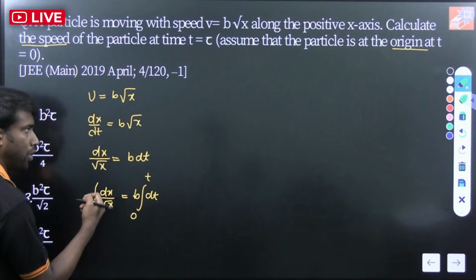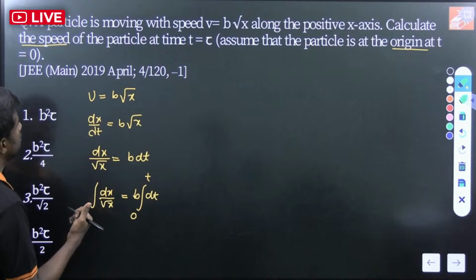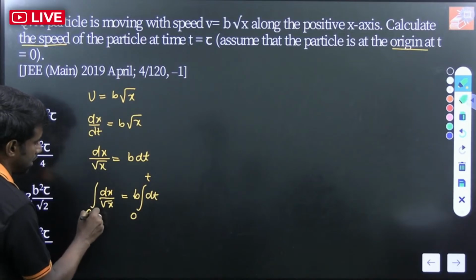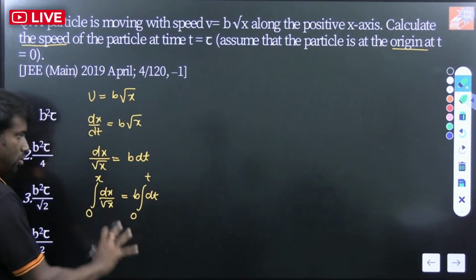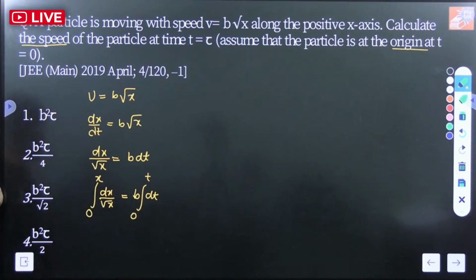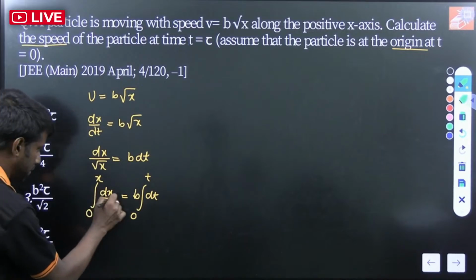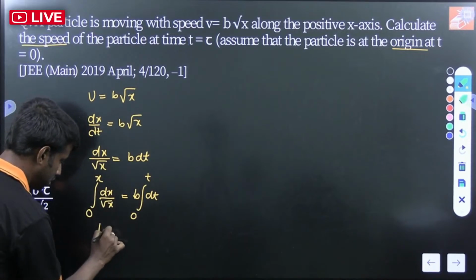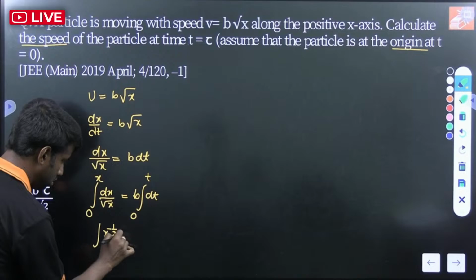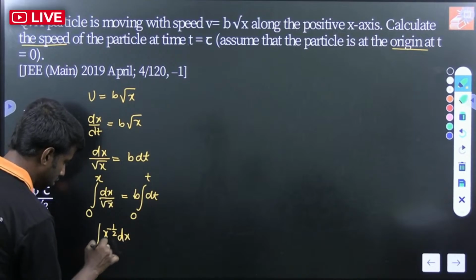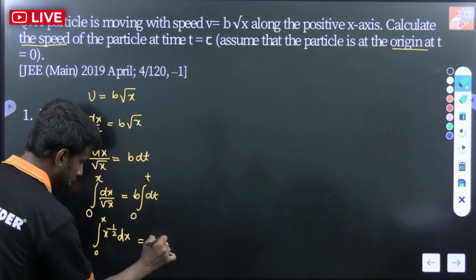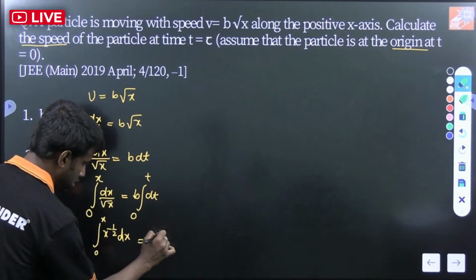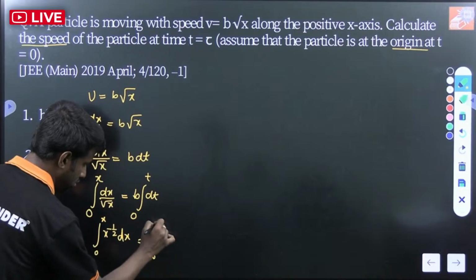So again the particle, or object, starts from the origin, that means x equal to 0 to, suppose it moves up to distance x. So now we have that limit and we can integrate. That should be x power minus 1 by 2 dx from 0 to x, and that should be equal to b into the integration of dt, from 0 to t.